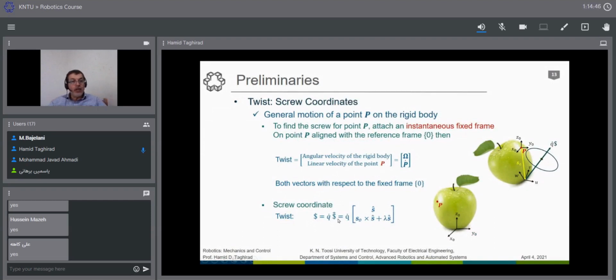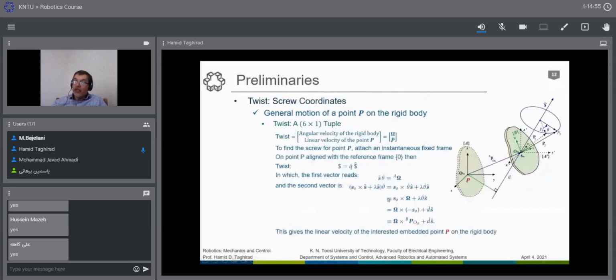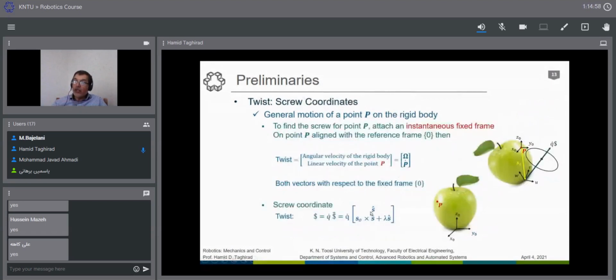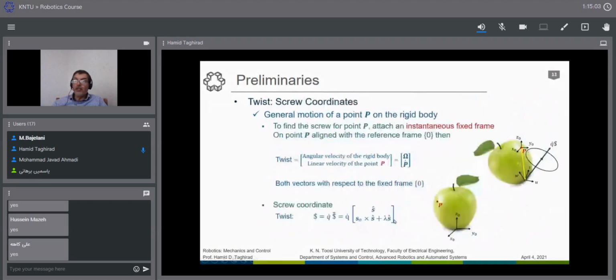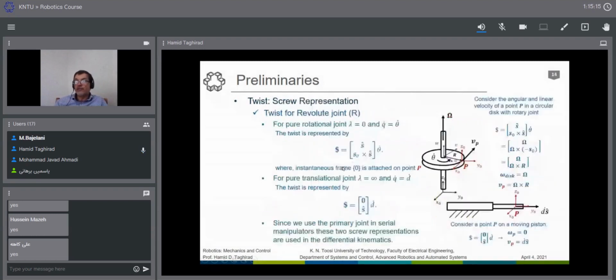For a general moving frame, the first three parts, q dot times s hat, give you the angular velocity, and the second part gives you the linear velocity of point P. By this means, we have the twist defined as angular velocity and linear velocity.